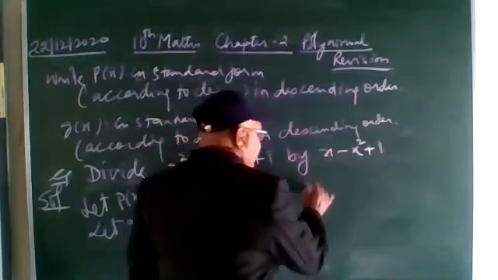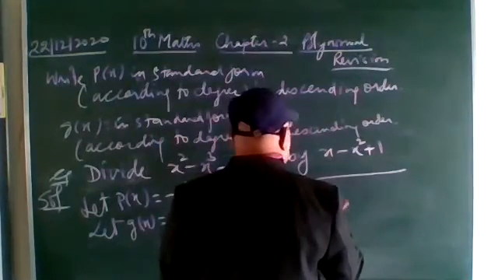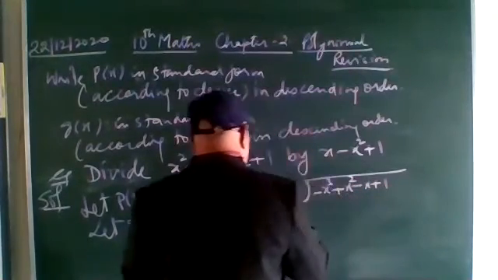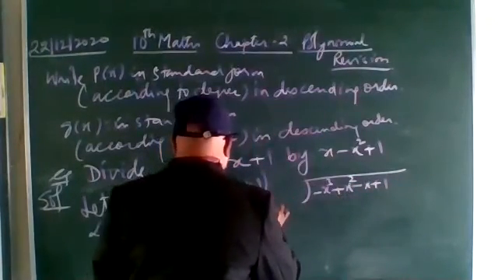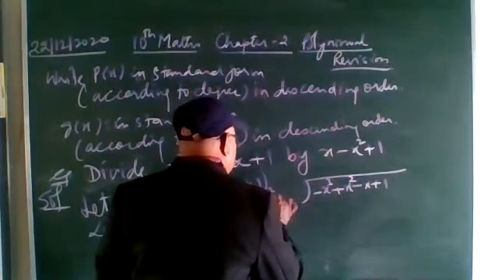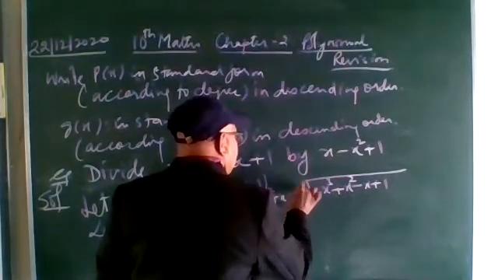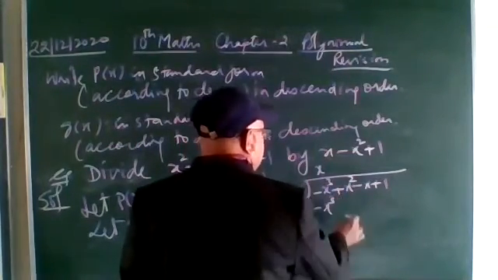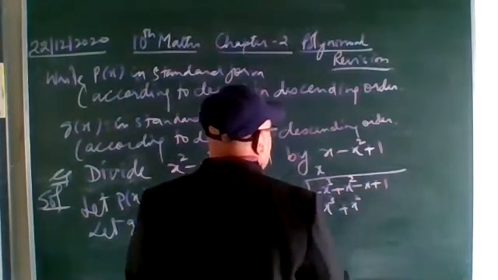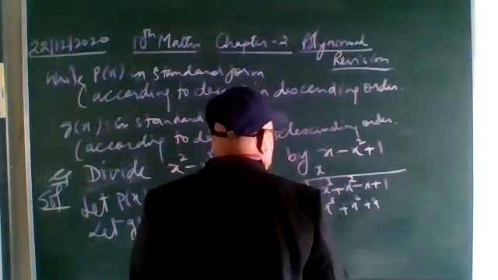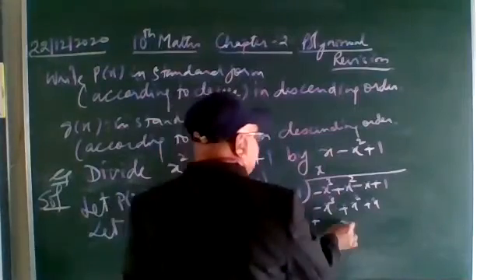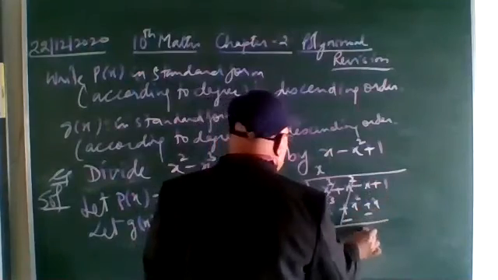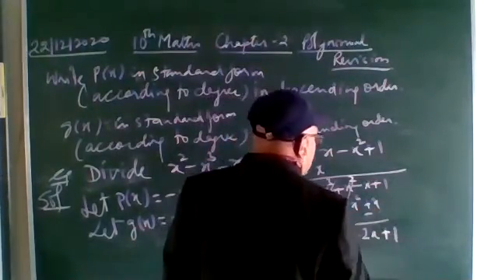Now you can divide. That is, here minus x cube plus x square minus x plus 1 divided by minus x square plus x plus 1. The quotient is x, and minus x cube plus x square plus x is subtracted. Now when you subtract, the signs change. So this cancels, minus x minus 2x and plus x plus 1.